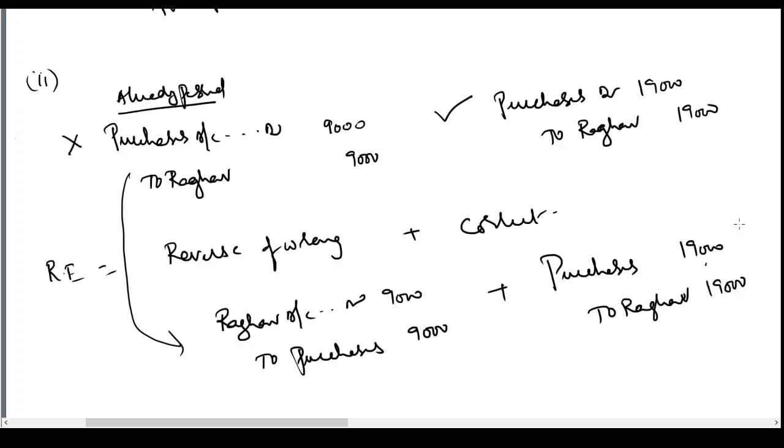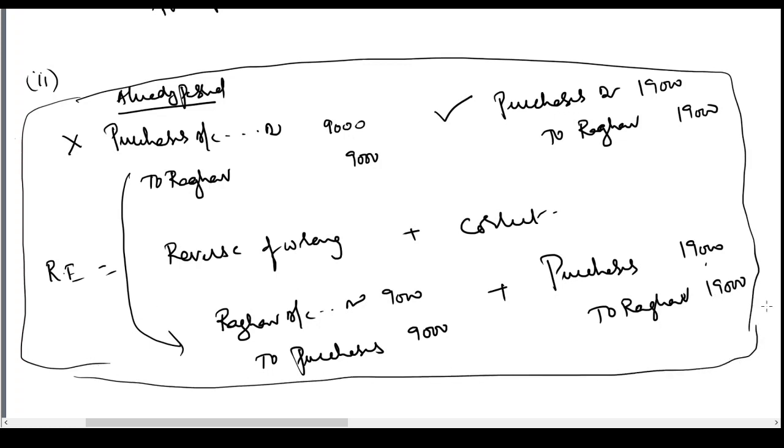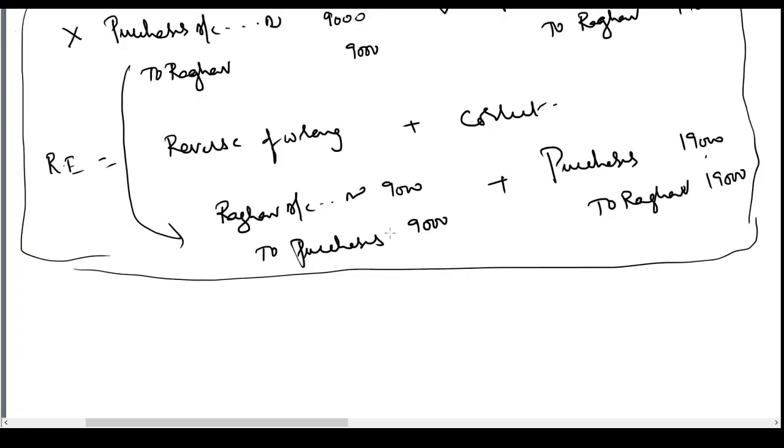Now all this that I am doing here is a part of my working notes, or we can say this is rough work. This is how I am trying to arrive at the rectification entry. So these are the two entries to be passed. Now the sum of these two entries will be the rectification entry which I have to pass now.